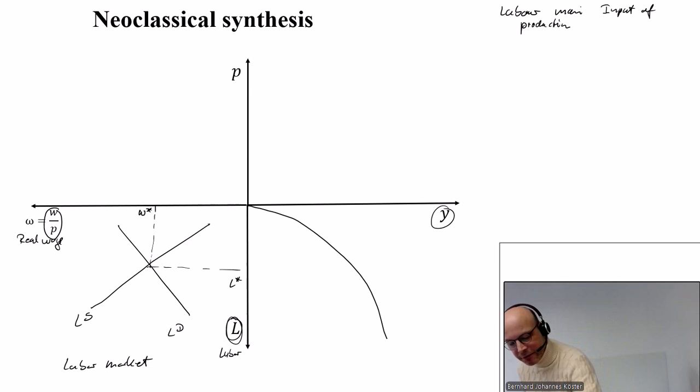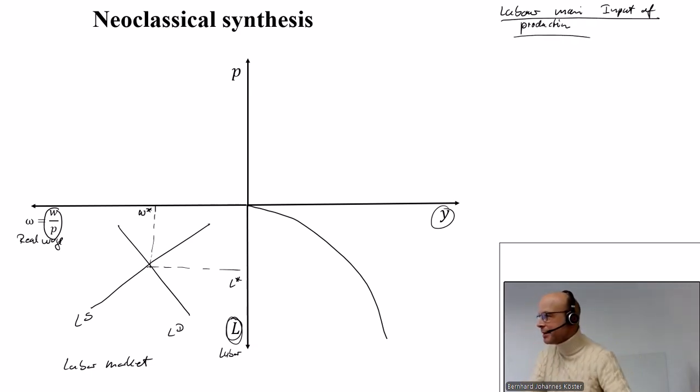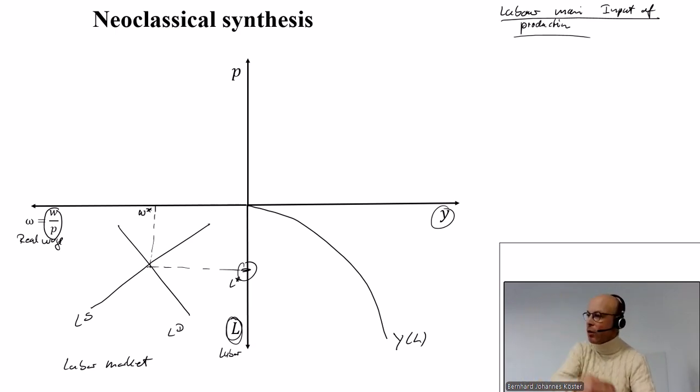So, and we have assumed that labor is the main input. So having the equilibrium labor input now, supply-driven economy means now that this level of labor input, using the production function Y of L, determines us also the production level.